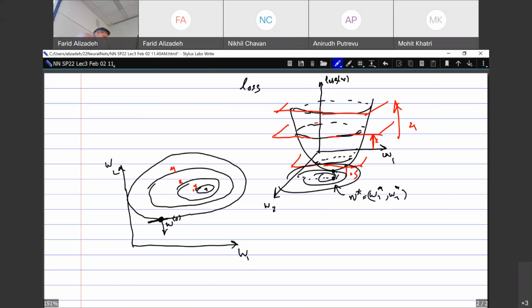But if you go a little bit, not too far, in the negative, the opposite direction of this normal vector to the tangent, you will go to a new point that is probably a little bit better, and you will call this W1.